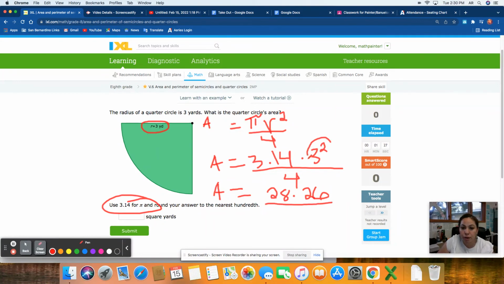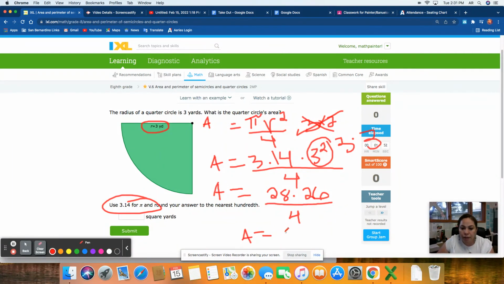So remember, don't multiply 3 times 2. Do not do that. You need to multiply 3 times 3 on this one, okay? So 28.26 divided by 4.